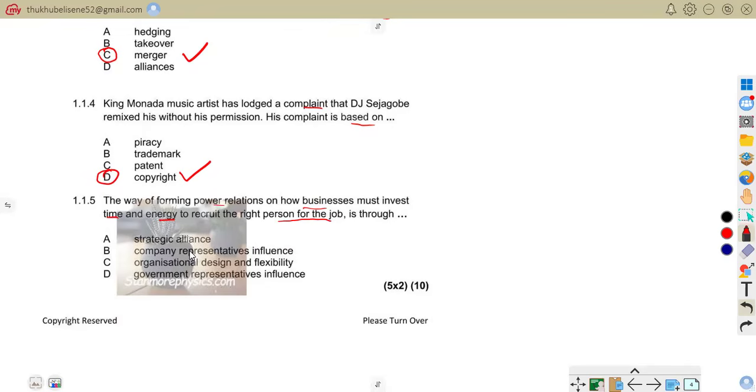So the correct answer there is company representative influence. So that is when a company or an individual acts on behalf of the company. So now let us move on.